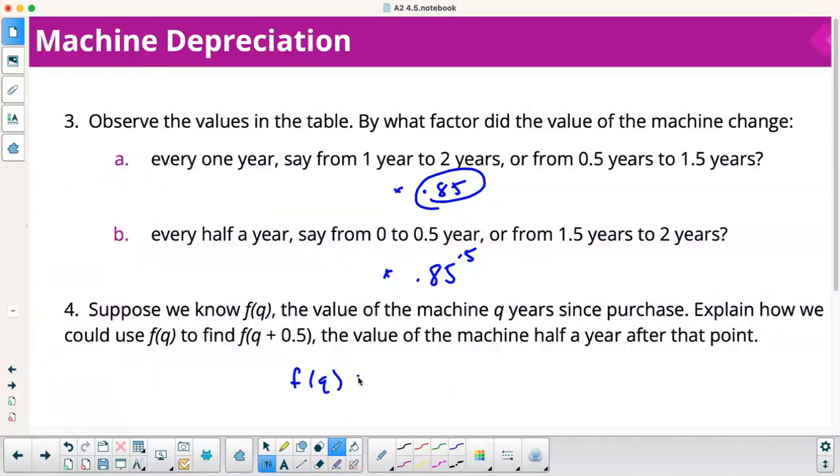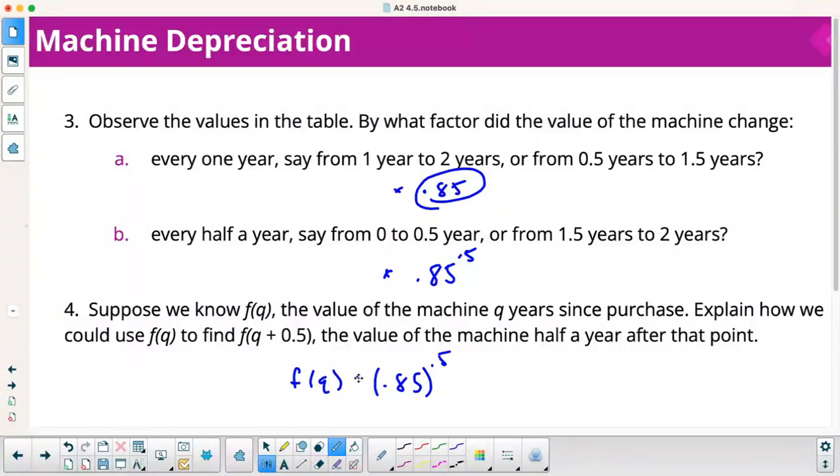So f of q, you would just times it by your growth factor, 0.85 to the 0.5 power, because you're adding on an extra half of year. So you're going to times it by your growth factor, but only to the 1/2 power, because you're not doing a full year.